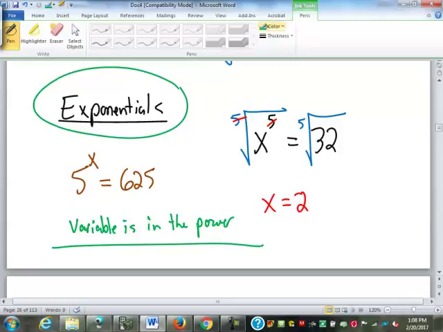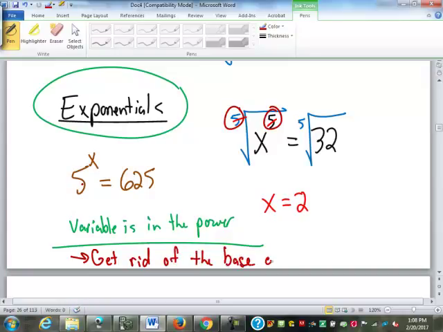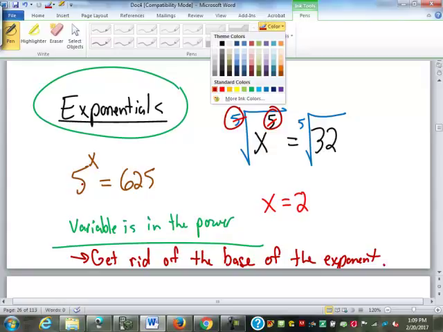To solve that, we don't want to take away the power. Here, we did a root because we're trying to get rid of the power. Here, we're dealing with an exponent, but instead of getting rid of the power of the exponent, we want to get rid of the base of the exponent.